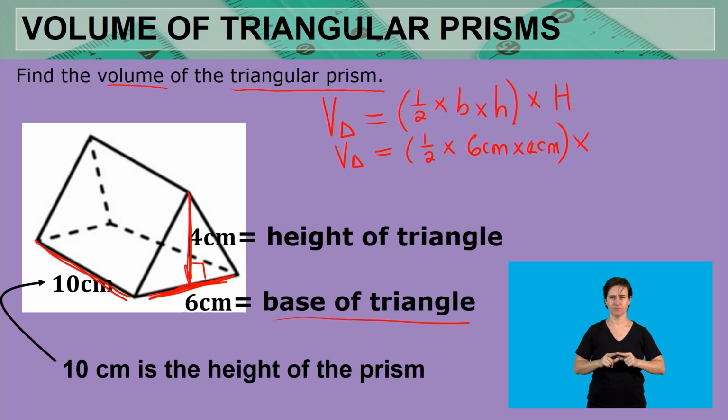And we are going to multiply this by the height of the prism, which in this case is our 10 centimeters. So the volume of this triangular prism is going to be 1/2 multiplied by 6 centimeters multiplied by 4 centimeters, and we are going to multiply that by 10 centimeters. That is going to give us an answer of 120 centimeters cubed, and that is the volume of this triangular prism.